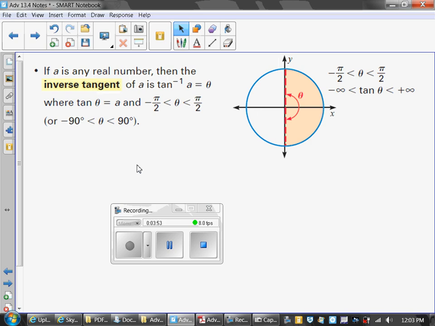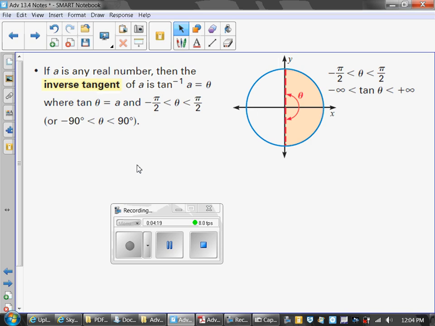That's why they don't put less than or equal to anymore. So it's between negative 90 and positive 90, or negative pi over 2 and positive pi over 2, except that it cannot equal pi over 2, because you divide by 0.